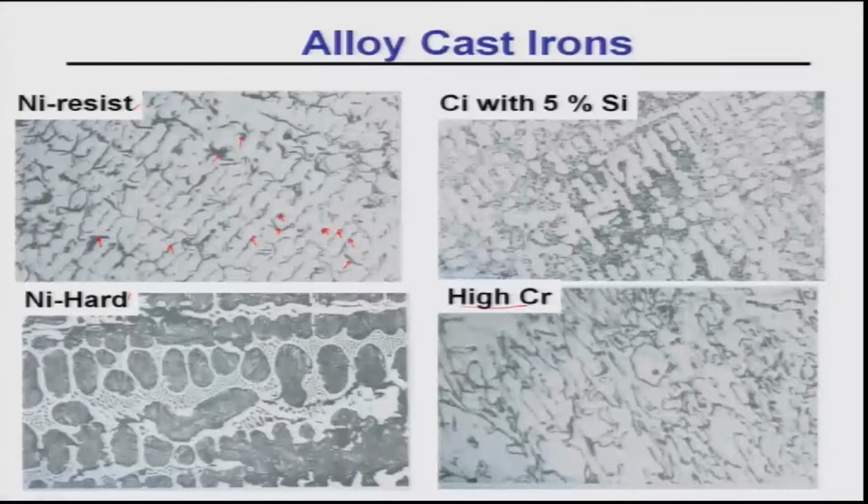You have gamma and cementite, these are the cementite Fe3C, all these are cementites, and this is the eutectic between gamma and cementite. So, you form a white iron like microstructure, you do not have any graphite present, and this is very hard, that is why I call it nickel hard.